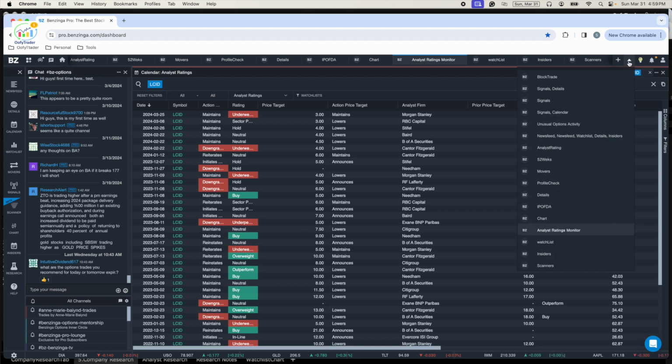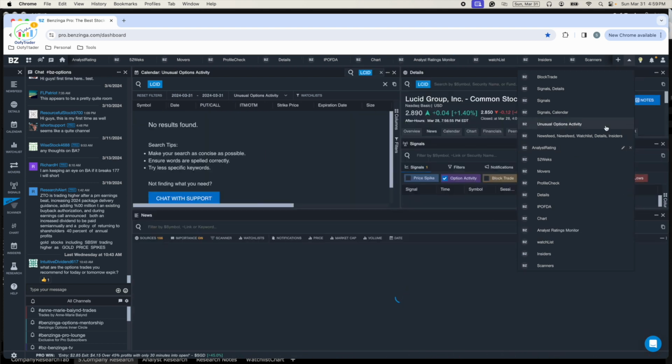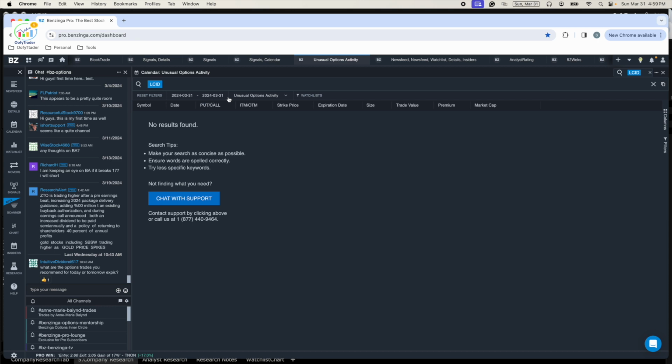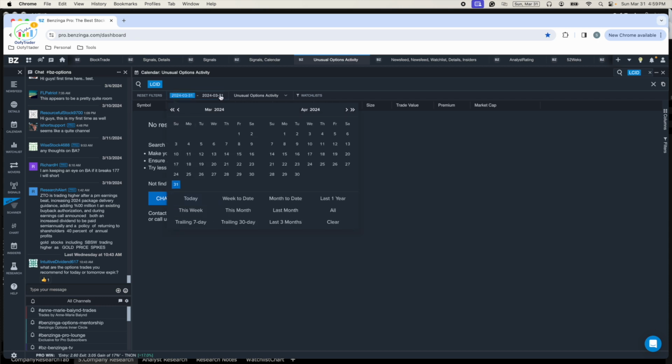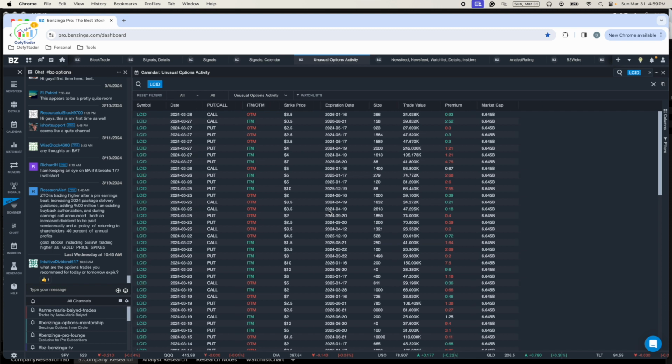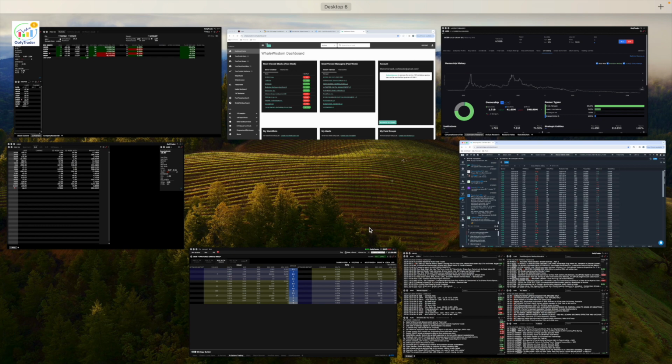On top of it, I also use option activity. There is another tab. In this tab, if we select all or some specific time, then I'm filtering Lucid and I can see all those option activities here. This is one thing, and a similar kind of option you guys can filter also.